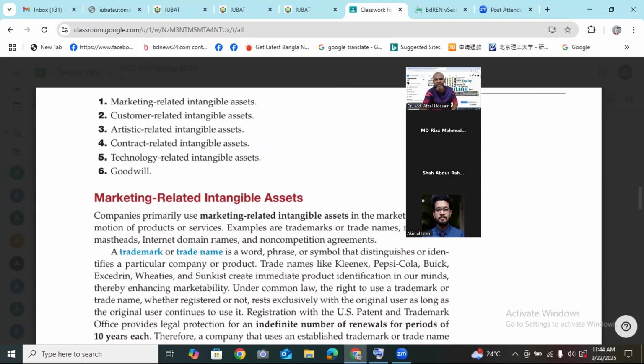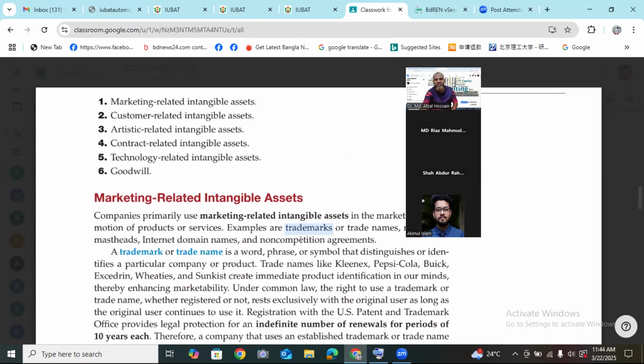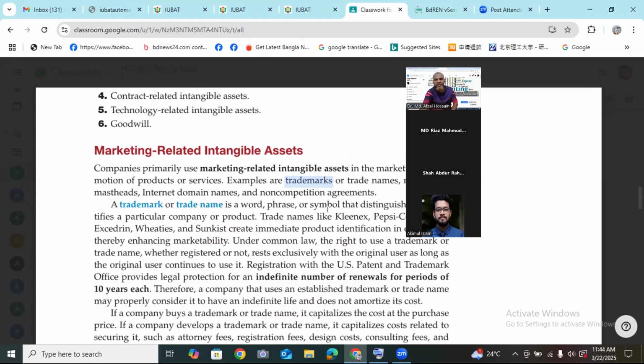What are marketing related intangible assets? For example, trademarks, trade names, newspaper, internet domain names, and non-competition agreements.